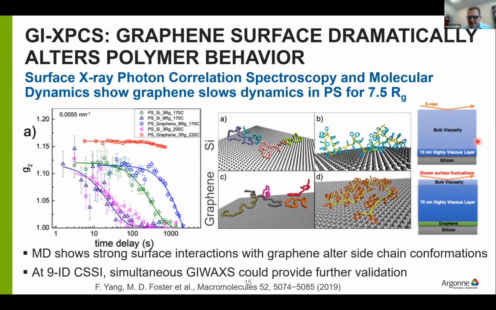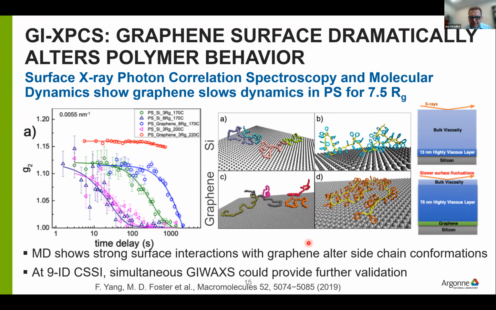And so, in fact, as Simon pointed out earlier, without the graphene interlayer, there is a highly viscous layer corresponding to about the radius of gyration. But with the graphene, this highly viscous layer extends much larger, up to almost 8 times the radius of gyration.